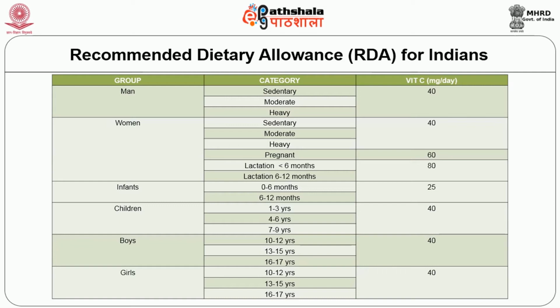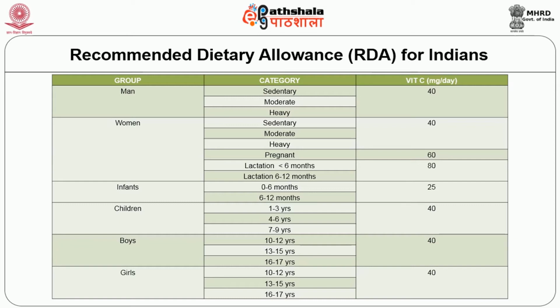For almost all age groups, man or woman, the daily requirement is 40 milligram per day. Only women who are pregnant and lactating need vitamin C in a little higher range, and infants require just 25 milligram per day.